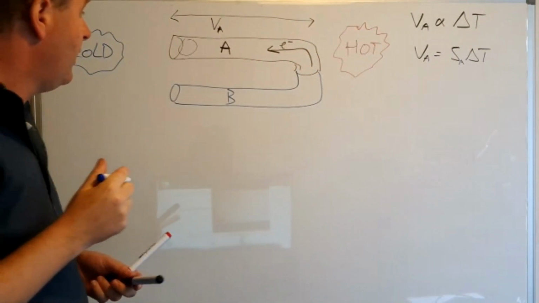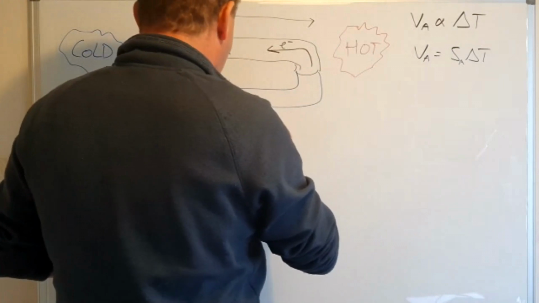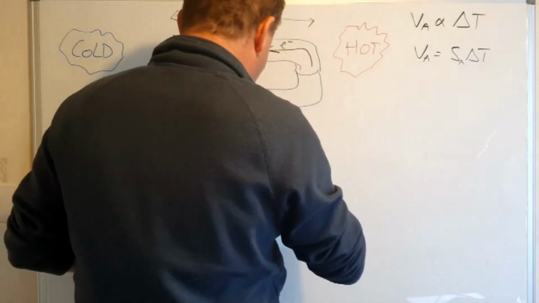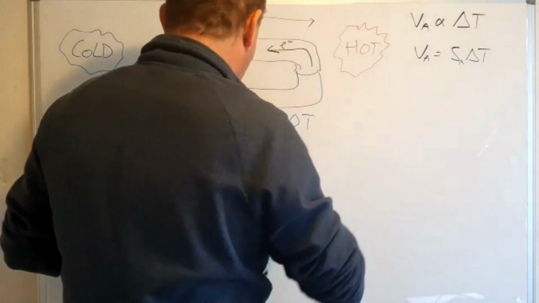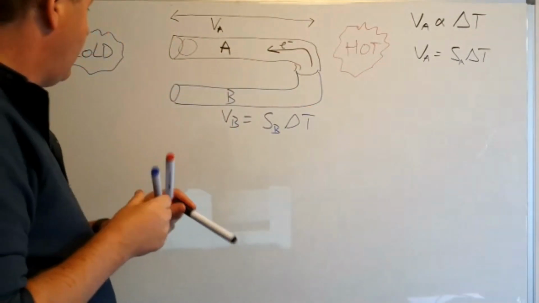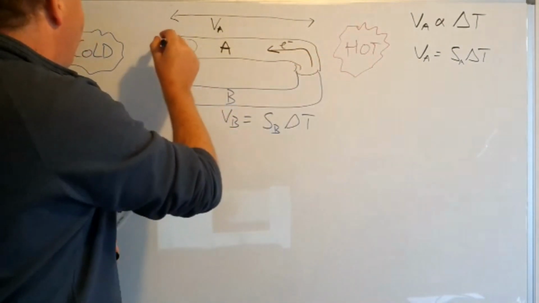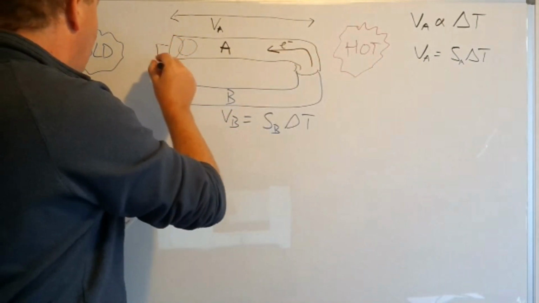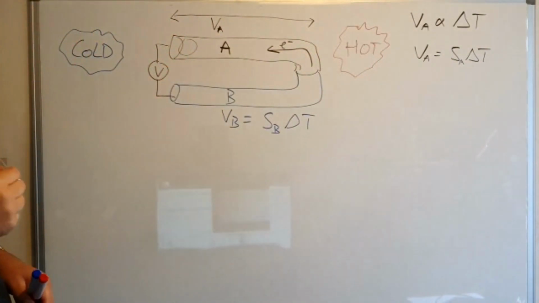So the voltage on this one, VB, is going to be the Seebeck coefficient of material B times the temperature. And now we can't access what's going on at the hot end, but what we can do is measure the voltage across the two ends there.